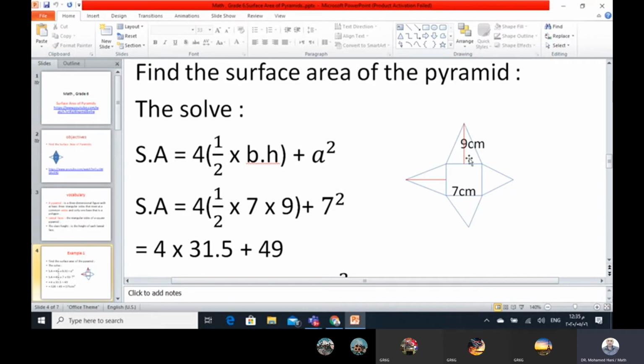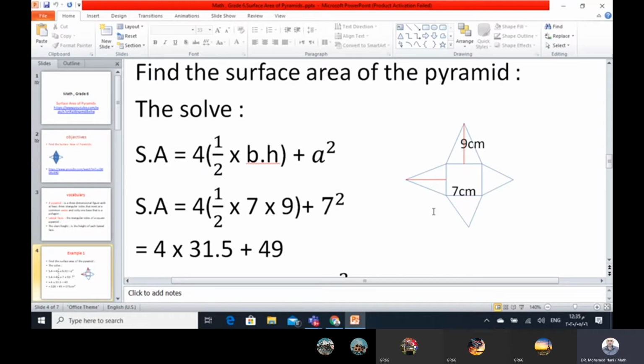And as you see here, we have four lateral faces. In a pyramid, the kind of the face will always be a triangle. Here we have a triangle, here a triangle, here a triangle, here a triangle.